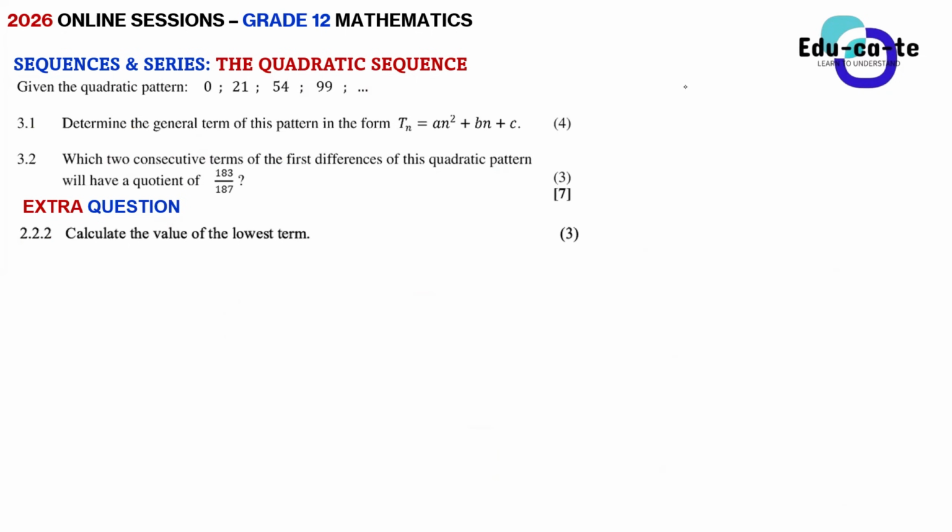We have the quadratic pattern given by the terms 0, 21, 54, 99, and it continues. Remember that we've already been told this is a quadratic pattern, so we don't need to determine that. So the differences between 99 and 54, 54 and 21, 21 and 0. Please solve it for me, guys. 99 minus 54.